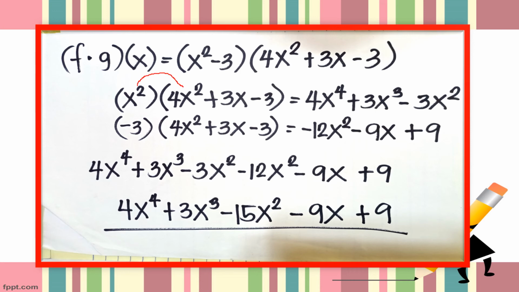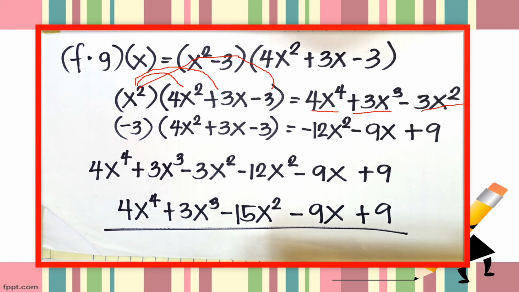Ayan, so x squared times 4x squared, we got 4x raised to 4. Again, paano nakuha yung 4? Add the exponents. Okay? Then, to the second term, x squared times positive 3x. That will give you an answer of positive 3x cubed. Okay? And then, to your last term, x squared times negative 3. That will give you an answer of negative 3x squared.